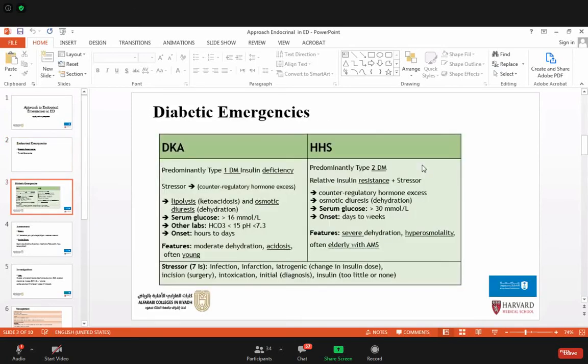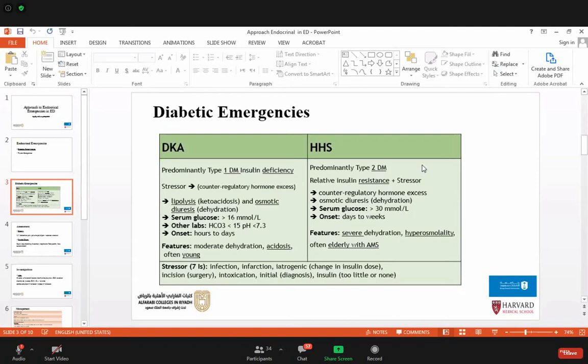Number one is diabetes-related emergencies: diabetic ketoacidosis and the hyperosmolar hyperglycemic state, or the other name, hyperglycemic non-ketotic syndrome, I believe. That was, I think, the old name. We compare those two, and we will gain a lot by this comparison.